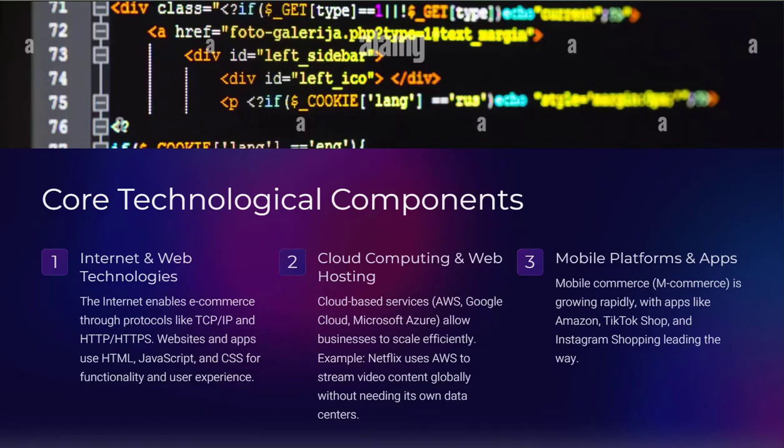So some core technological components of e-commerce are internet and web technologies. Technologies like TCP/IP, HTTP, HTTPS, HTML, JavaScript, and CSS form the backbone of e-commerce, enabling websites and apps to deliver functionalities and great user experiences. Cloud computing and web hosting services from providers like AWS, Google Cloud, and Microsoft Azure allow businesses to scale their online operations efficiently without needing to build and maintain their own data centers.